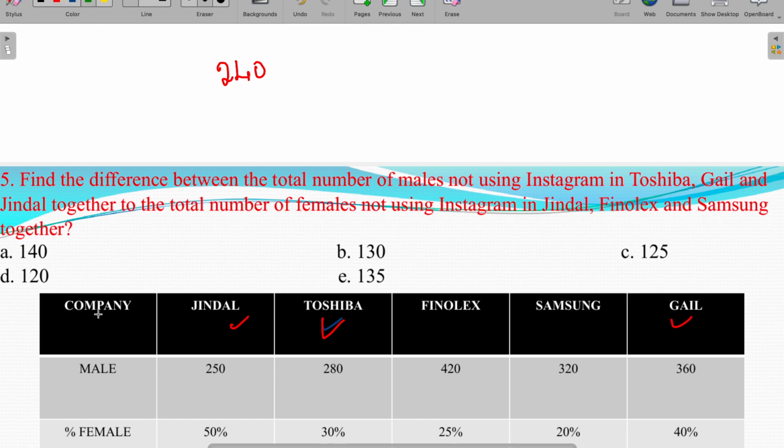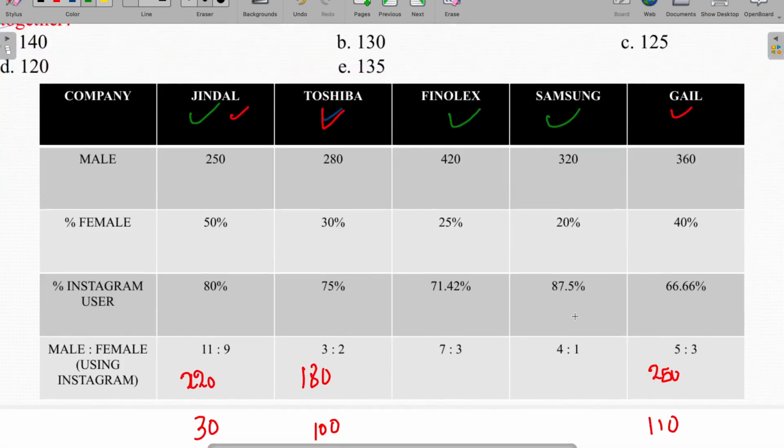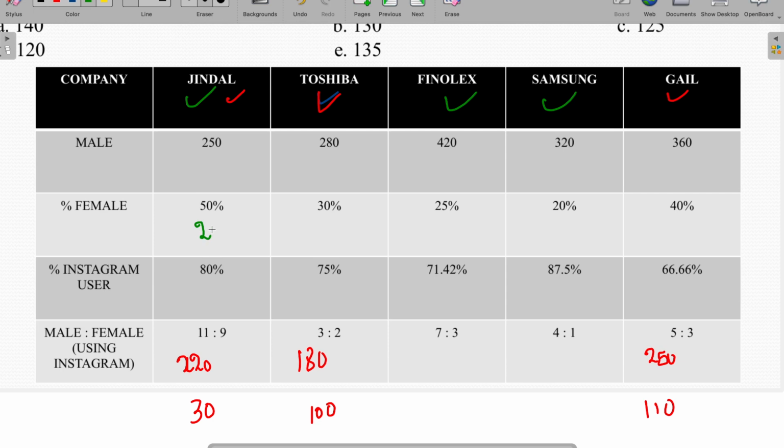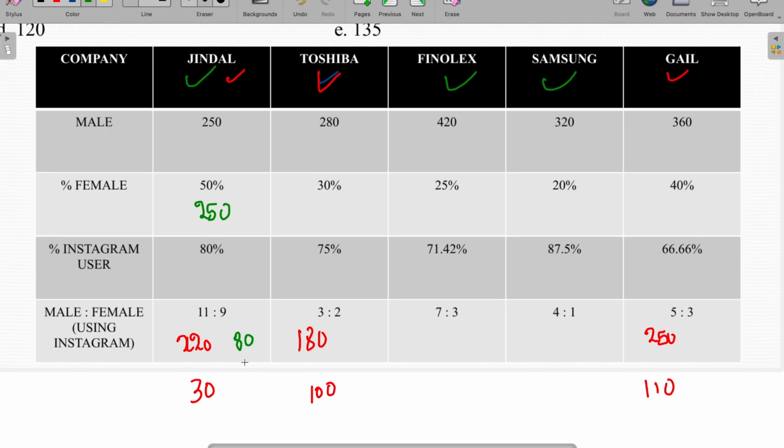Now I need to find out females. In which departments? Jindal again, and Phonolex and Samsung. In Jindal, total females we know 250 members, already we know that. In that, 80 females are using.